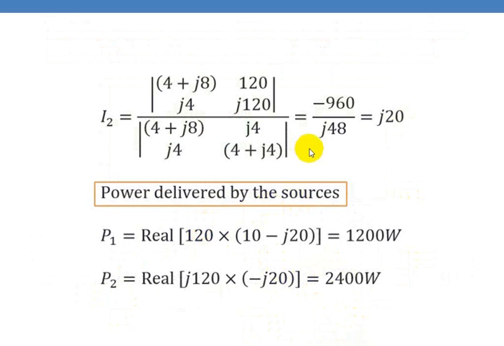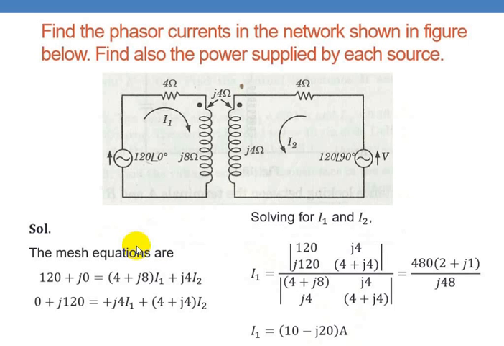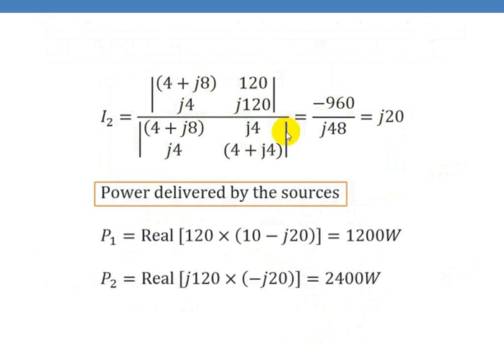Now the power delivered by the sources. If you see this circuit, the current supplied by this source is nothing but I1, and for this source it is I2. Multiply this voltage with the current I1. If you multiply, you will get a real part and an imaginary part, but the real part gives us the power, that is 1200 watts.